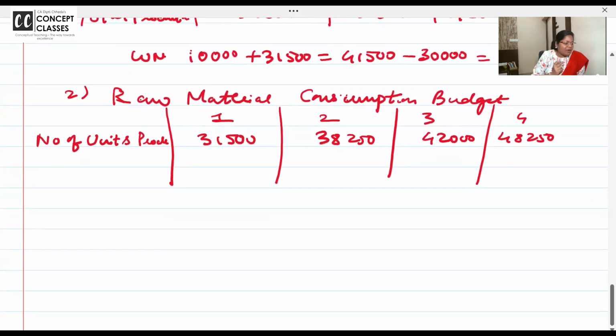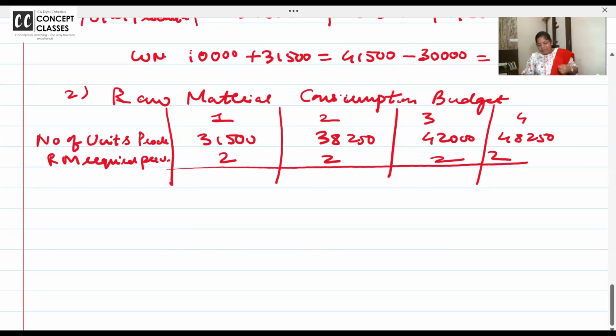Now please read on the top they have given each unit of the finished goods required 2 kg of raw material. 2 kg raw material required per unit. I told you raw material usage budget उसी का नाम है consumption budget. 31,500 units बनाना है. एक यूनिट को 2 किलो.